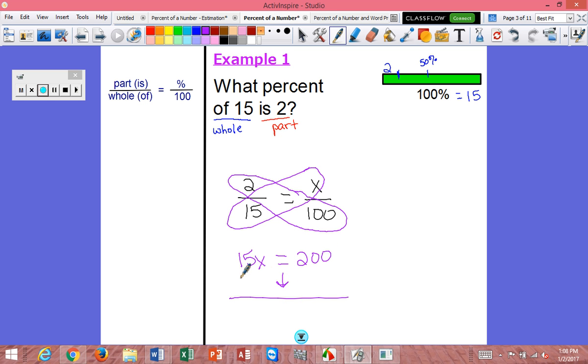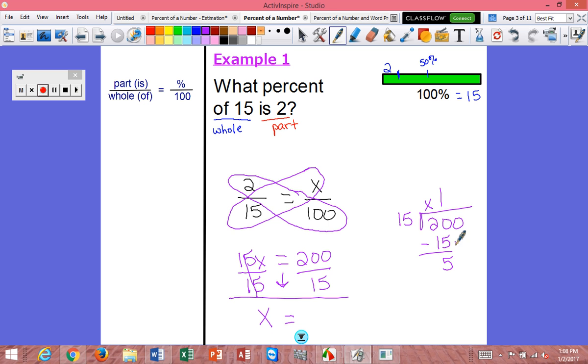The inverse of multiplying by 15 is to divide by 15. And I'm going to come over here and work that out. Remember, top dog goes in the house. Okay. 15 can go into 2 0 times, and it can go into 20 once.